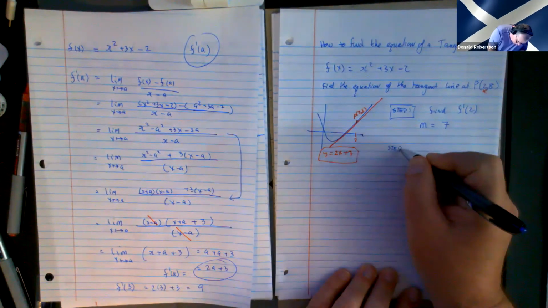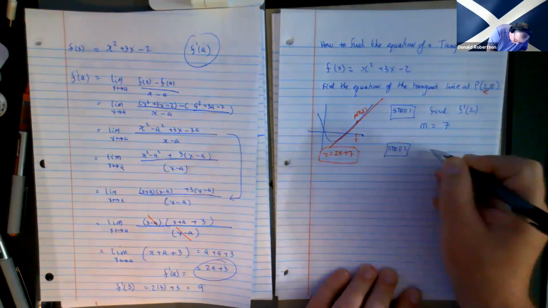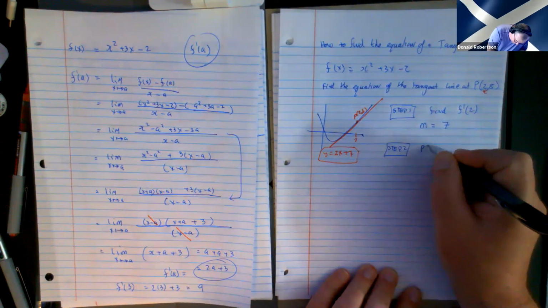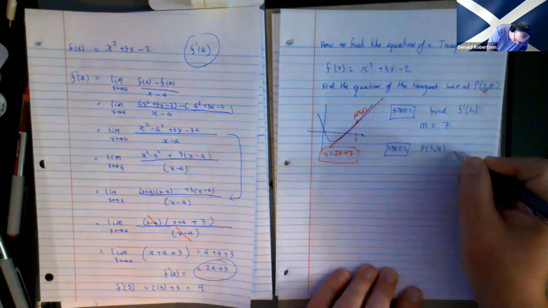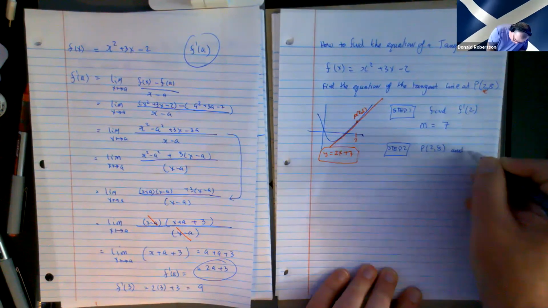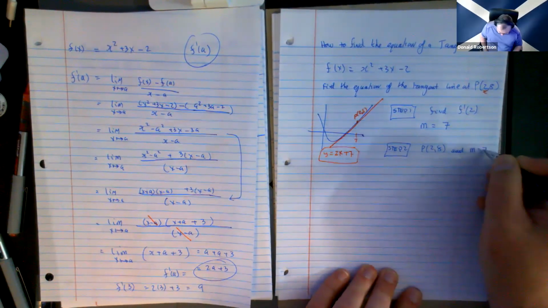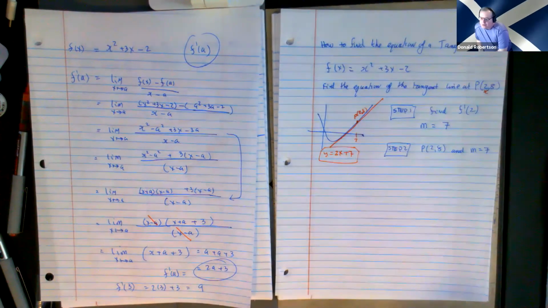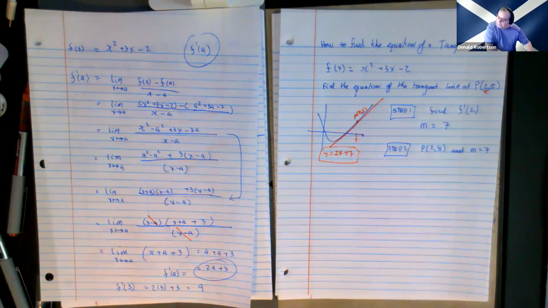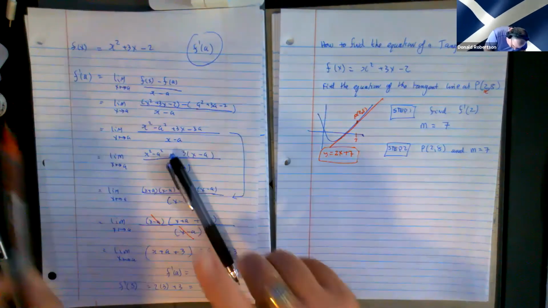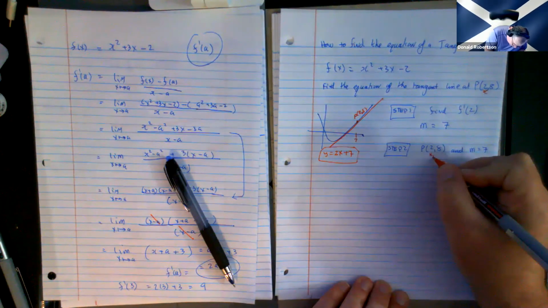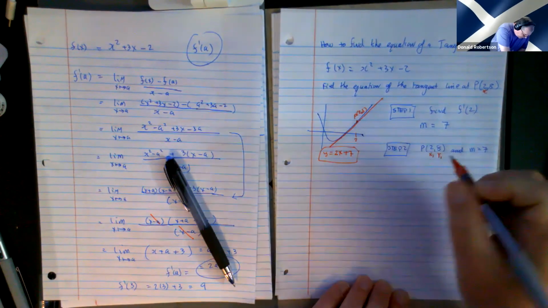Step 2: if you know the coordinates of a point and you know the slope of the line that passes through that point, shouldn't you be able to get the equation of the line? I'm going to call this x1 and this y1.